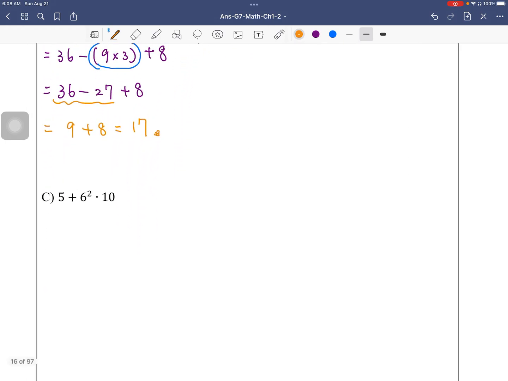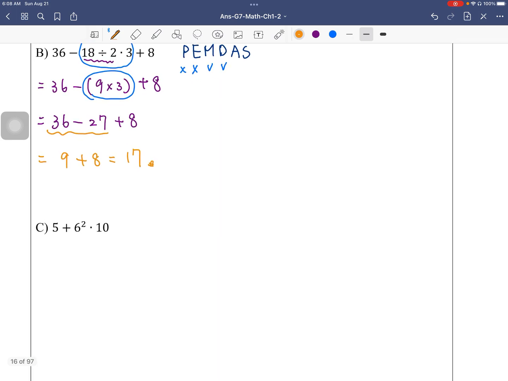Then I have C. I use PEMDAS. There are no parentheses. There are exponents, so these two go first. 6 squared is 36, times 10.